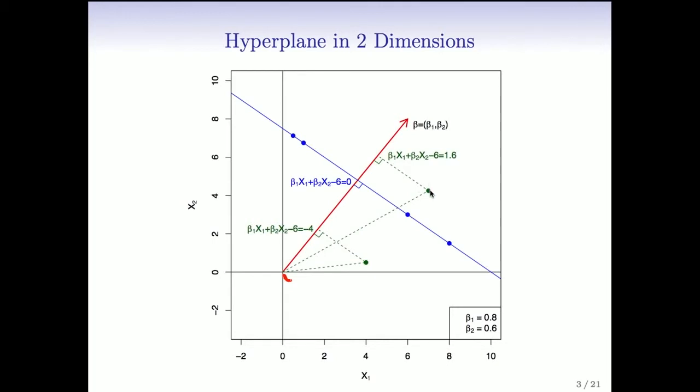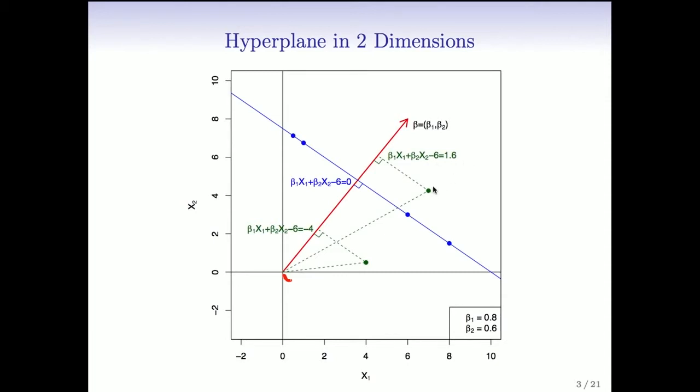For any given point, for example this point over here, we can project it onto the normal. Here you see the orthogonal projection, the little right angle showing that we're projecting orthogonally onto this normal. And so we get the distance from the origin where this point projects. In this case, the value that you get is 1.6, and that's actually the value of the function here.